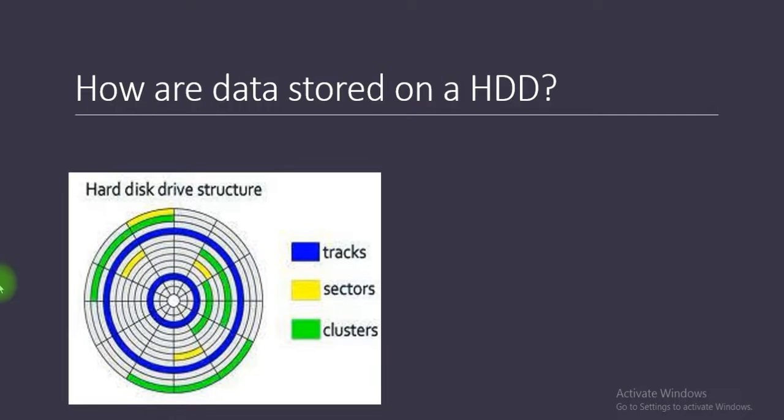And then we have clusters: a group of sectors forms what is referred to as a cluster. Think about the term cluster. It means multiple items that are confined to a particular region.